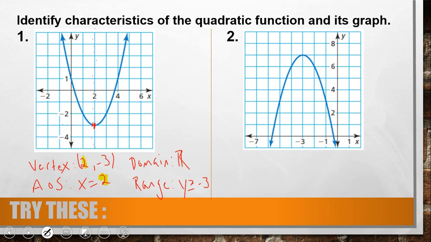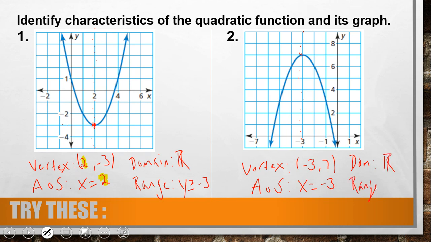Now notice this parabola is flipped. That's fine. Okay, we can still identify the vertex, which in this case is a maximum point, and it's going to be at -3, 7. We know our axis of symmetry is going to be at x equals -3. We know our domain is always all real numbers.